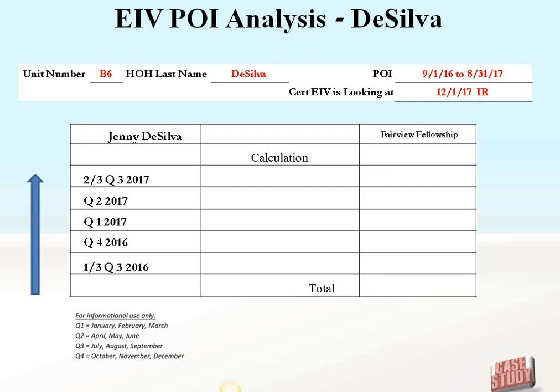Pay attention to which months do and which months do not have fractions for you to use in your multiplication.